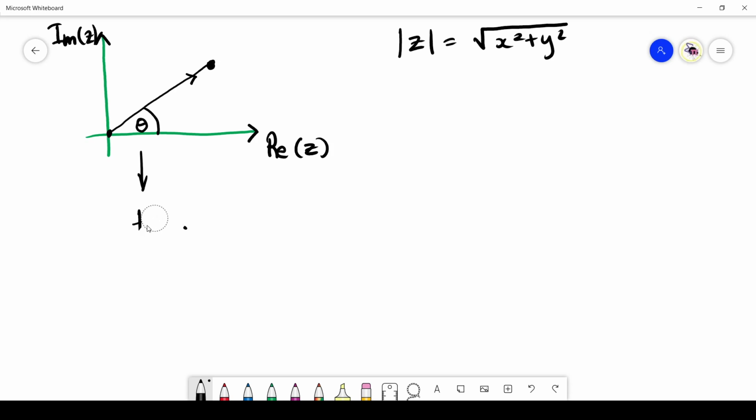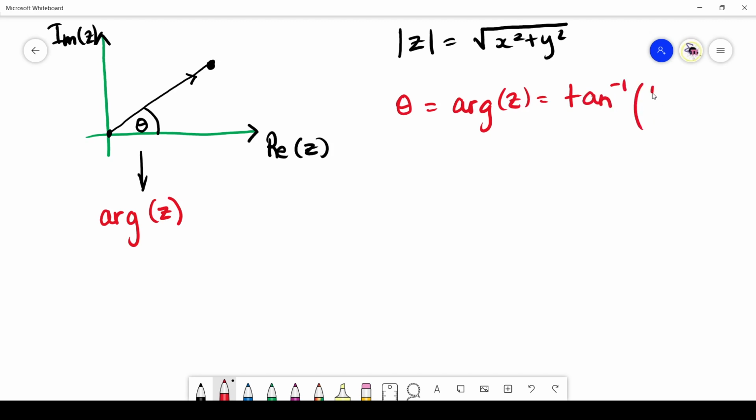But when we're dealing with a complex plane, we actually have a different denotation and name for it. The angle is called the argument, denoted by arg of z. So not so much theta, it's called the argument of z. And that theta, which is the argument of z, has a formula. And the formula is as follows.